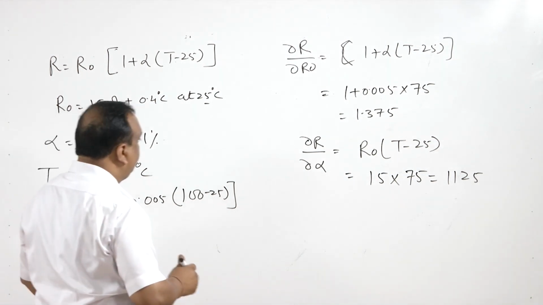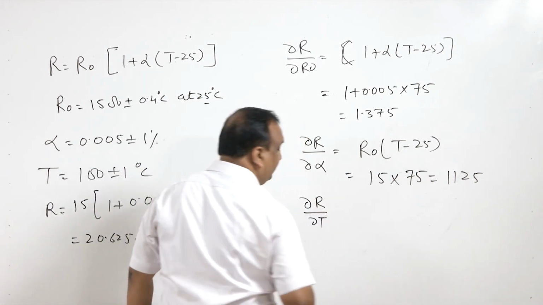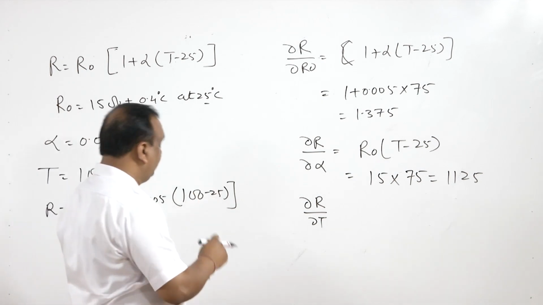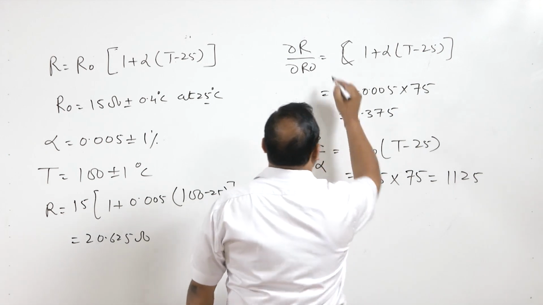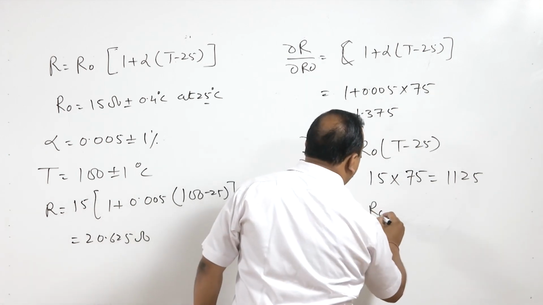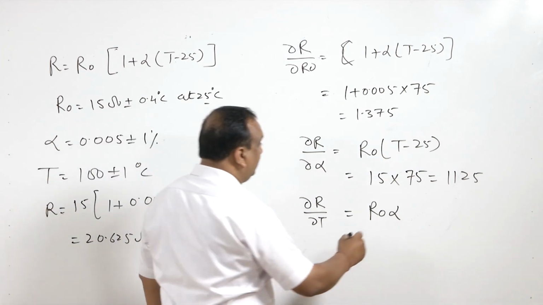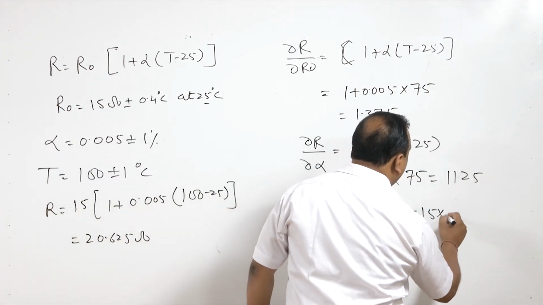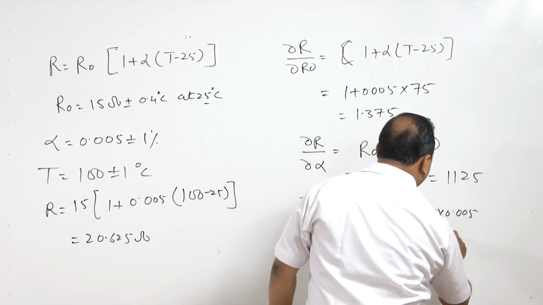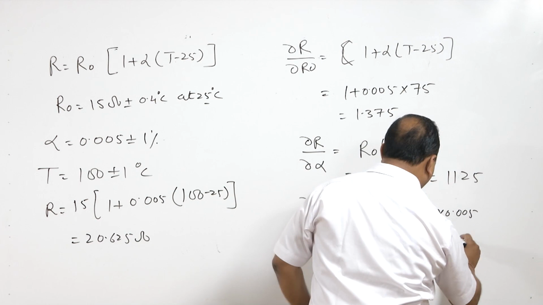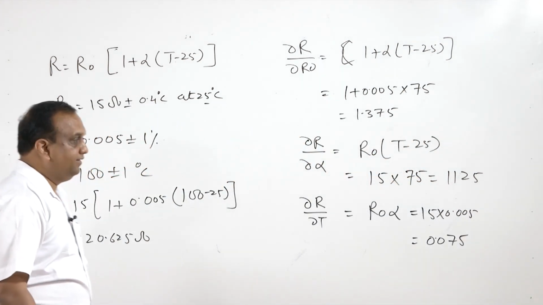Now del R by del T, with respect to temperature. When we are doing it with respect to temperature, it is only R0 alpha, and that is going to be 15 into 0.005, which is 0.075.